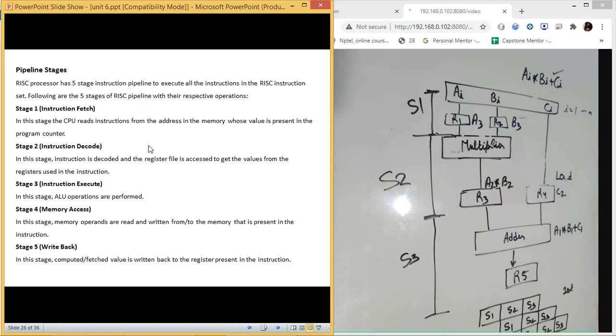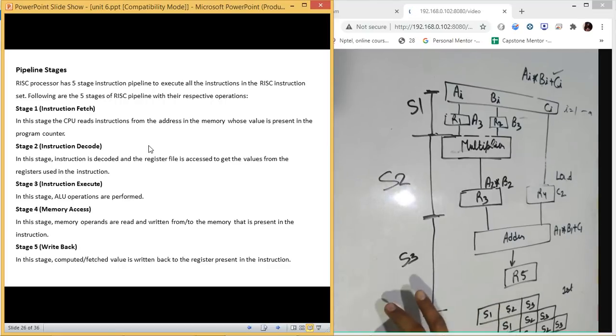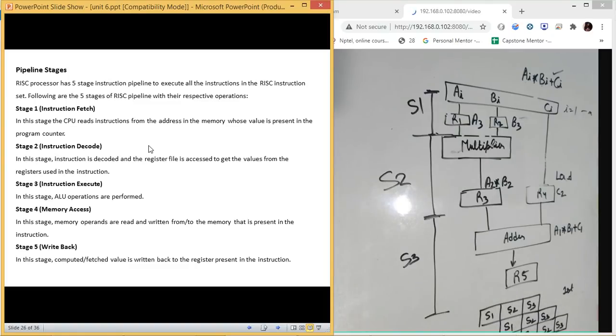After this, what are the different stages? Right now, in this case, we can assume that we only have three stages; we don't talk about the memory access and write back. The pipeline which we are showing in this slide has five different stages, but the one which we have done has only three stages.